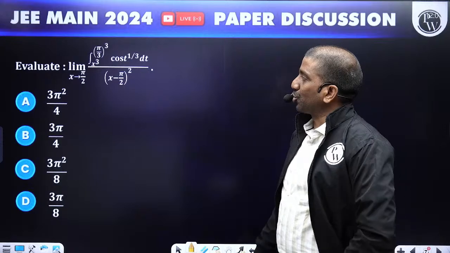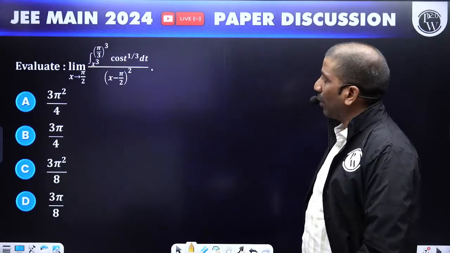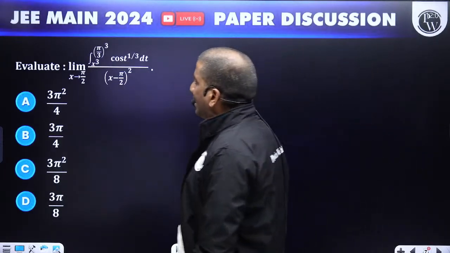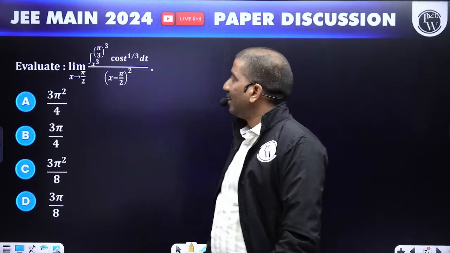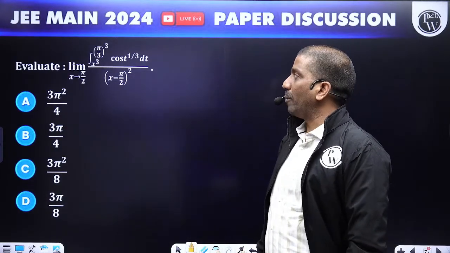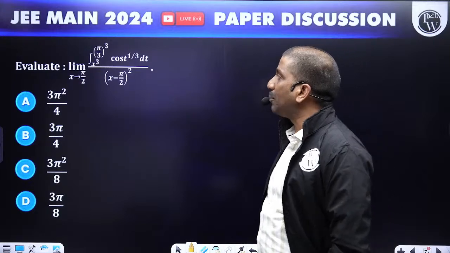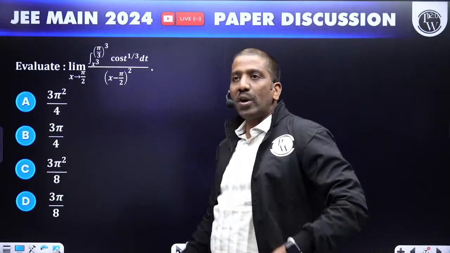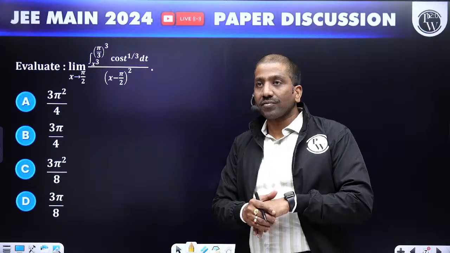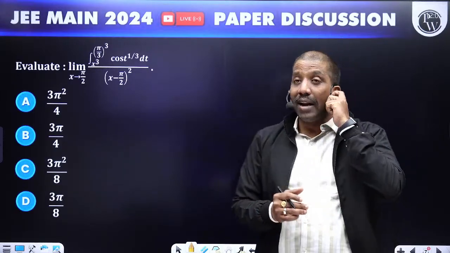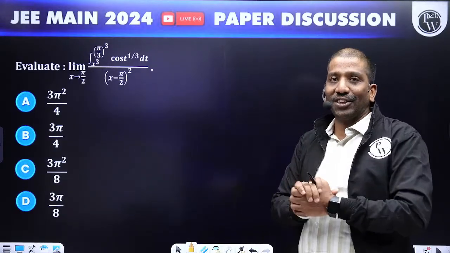So, next question: limit x tending to pi by 2 of the integral from x cube to pi by 3 power 3 of cos t to the power 1 by 3. It is based on limits as well as integration.